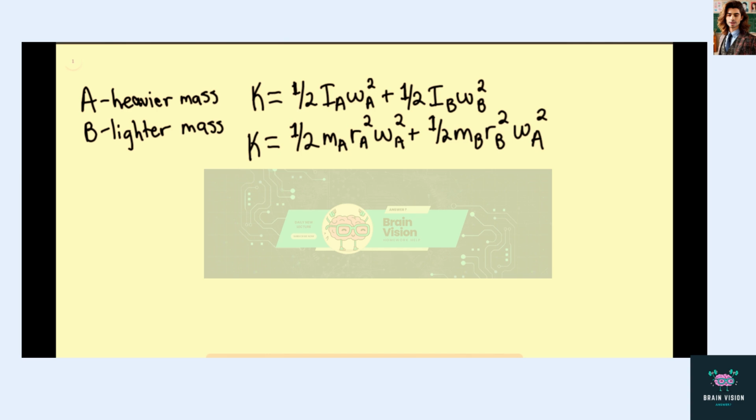Because the angular velocity and the radius are the same, we can specify that radius of A equals radius of B and omega sub A equals omega sub B. So then the total kinetic energy would be equal to 1/2 r squared omega squared times the sum of the masses.